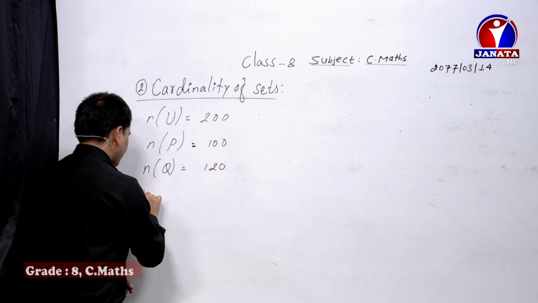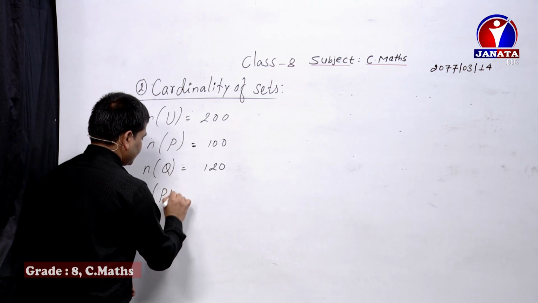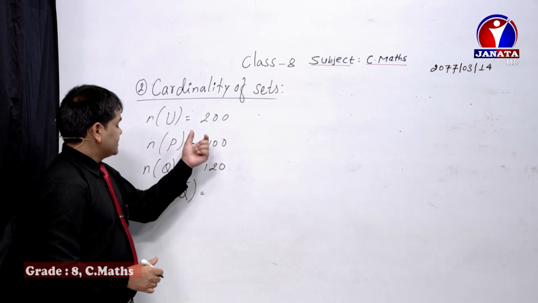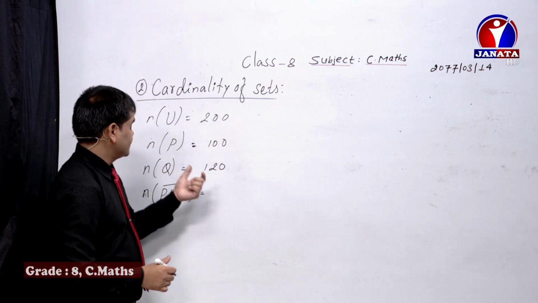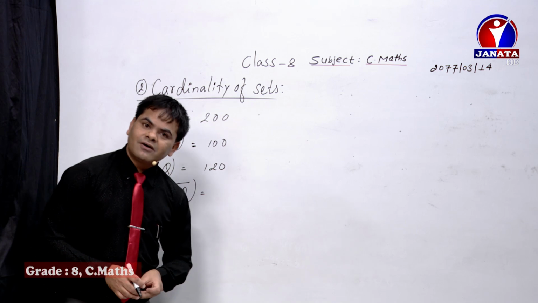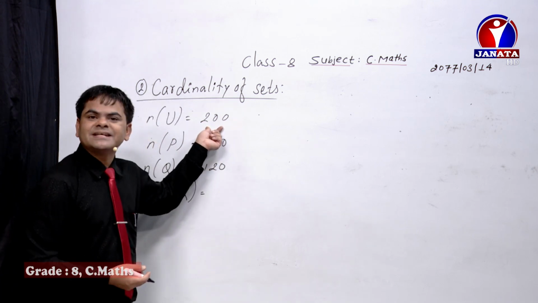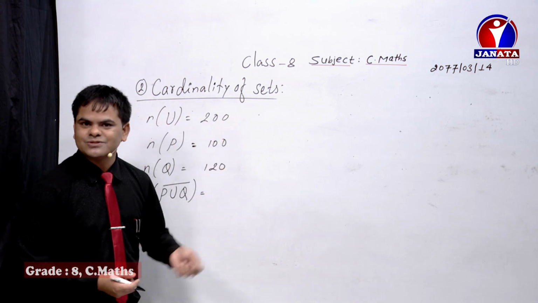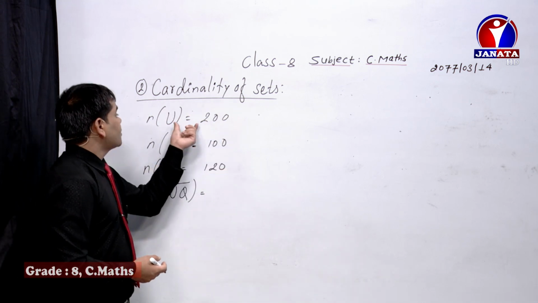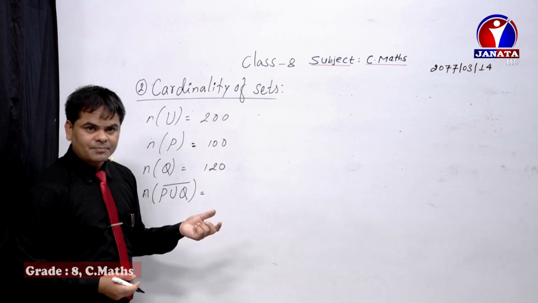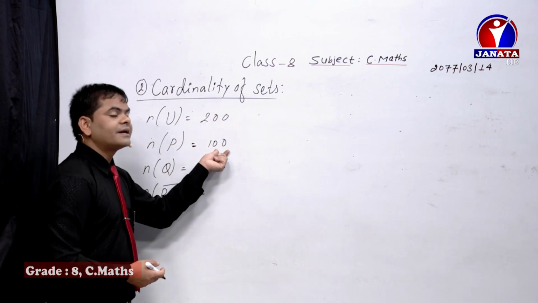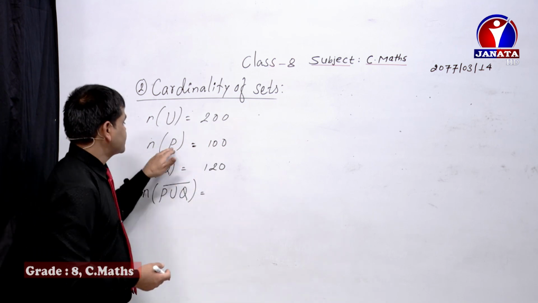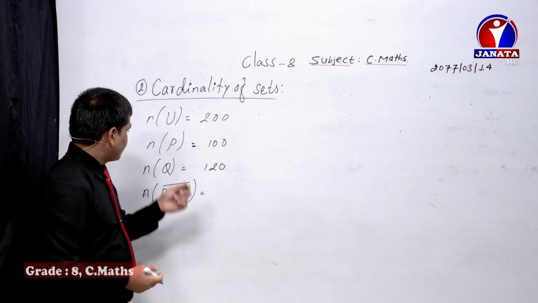The number of elements contained in (P union Q) complement. It means if this question is presented this way, dear students: in our survey of 200 people, that represents the universal set, so we write in short form n(U) equals 200. And in our survey of 200 people, it was found that there are 100 people who like to have potato, or you can say anything.